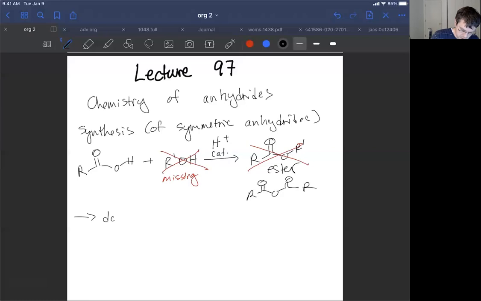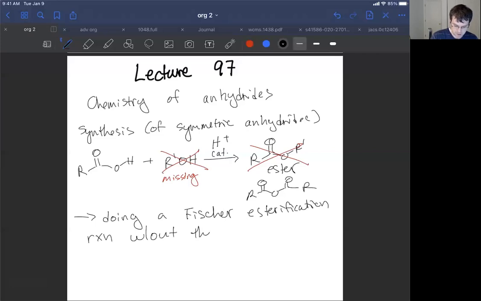So doing a Fischer esterification reaction without the alcohol results in formation of an anhydride.